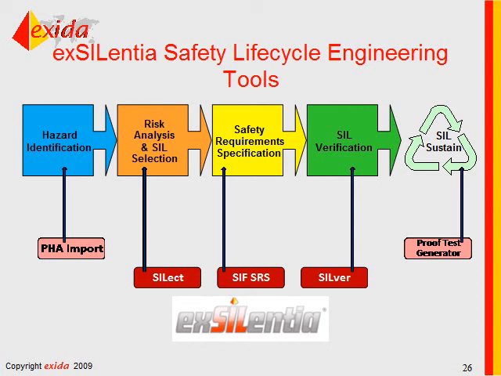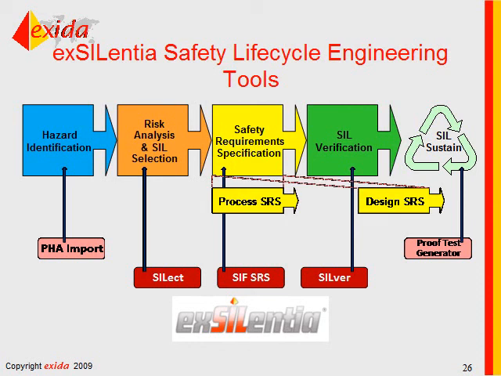Then we have a plugin that's called the SRS C&E plugin, which is basically the next step up for our SIF SRS tool, where we are dividing the SRS up into a process SRS, documenting the hazard information and the target safety integrity level, basically everything that we need to know in order to create a conceptual design and subsequent SIL verification.